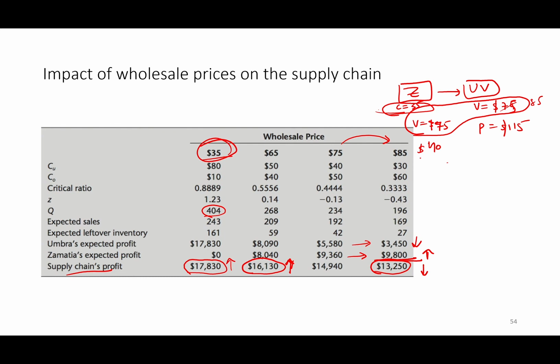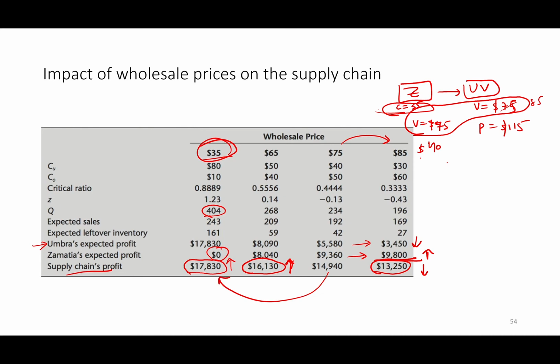But if they reduce their wholesale price to $35, they would make no money, because they manufactured it at 35 and sold it at 35. But UV, on the other hand, would be making a lot of profit. And the overall supply chain profit is very high, $17,830, up from 14,940.